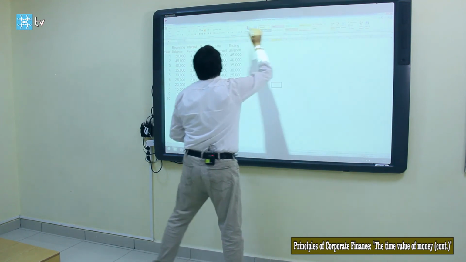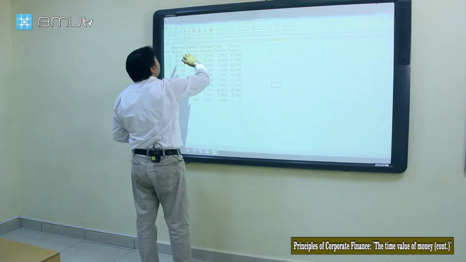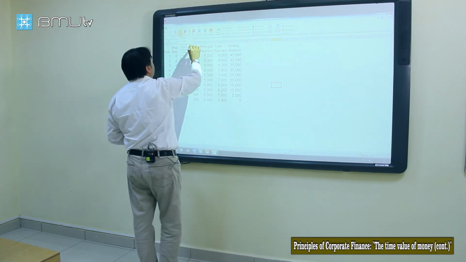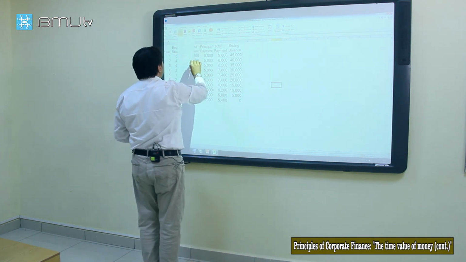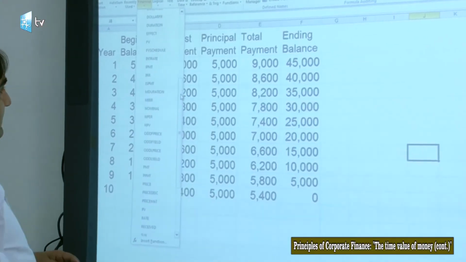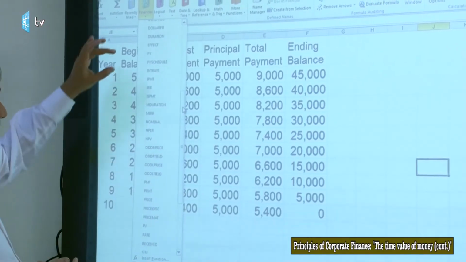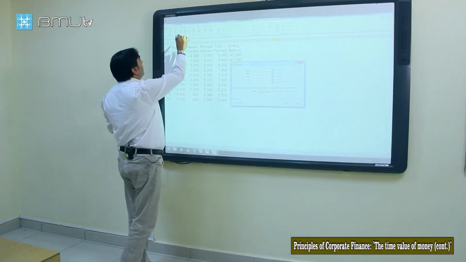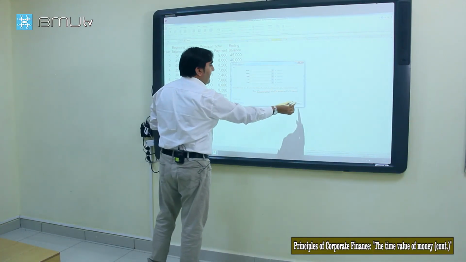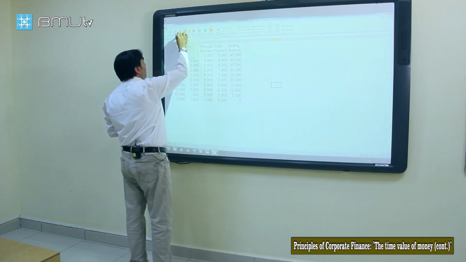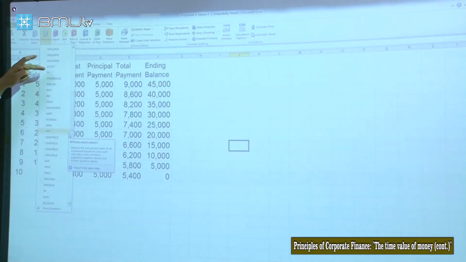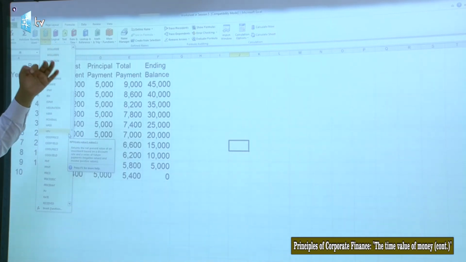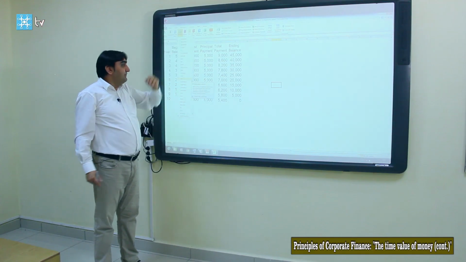If we go to formulas and financial formulas, we can see that there are many formulas for finance, and we have the future value formula, the present value formula, and others. With the FV formula, we can find the future value of a single cash flow or annuity.